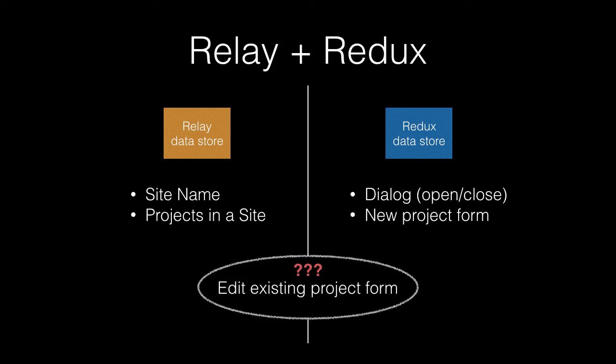But then, what do you do with an existing project? If you want to edit an existing project, that's going to be tricky, because a project is something that comes from the server, so it lives inside the Relay data store. But if you want to edit it in a complex way, then you need some Redux to handle the temporary management of the data. So it's not nice, and I haven't found a way to make it work in an elegant way.